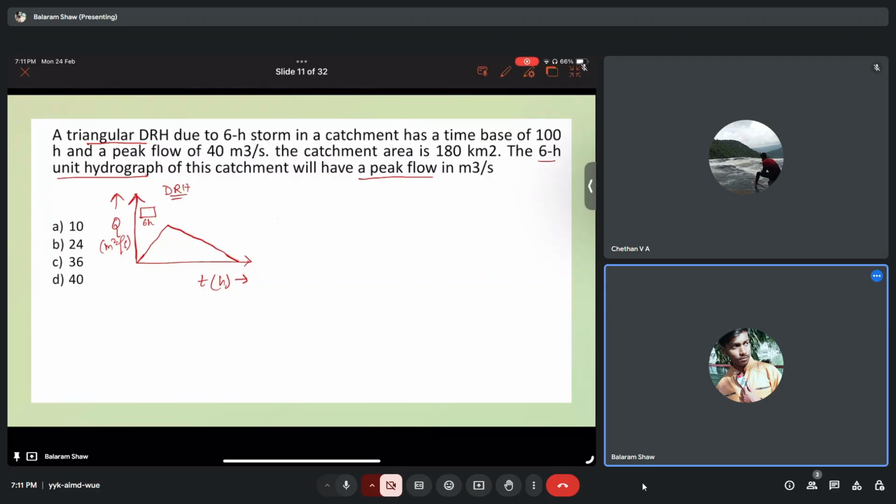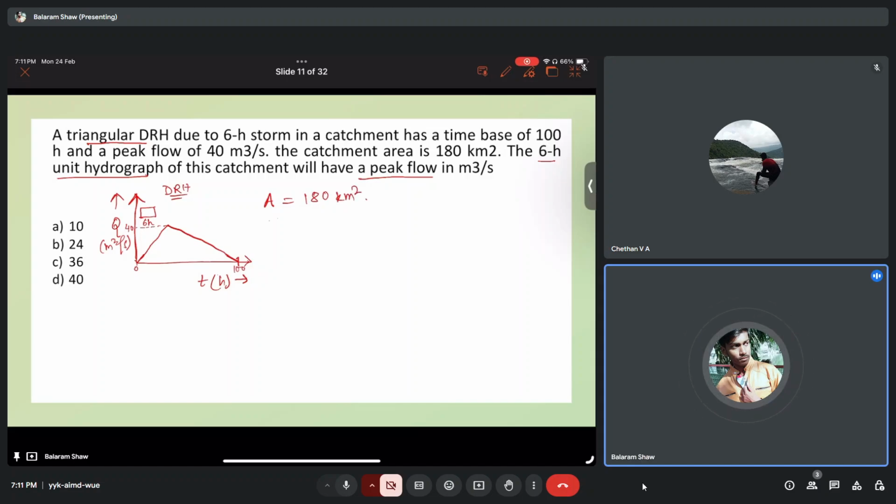So here we have 100 hours, right? This is 0. And a peak flow of 40 meter cube per second. So this is 40, right? The catchment area is given, let's say A is 180 kilometer square.